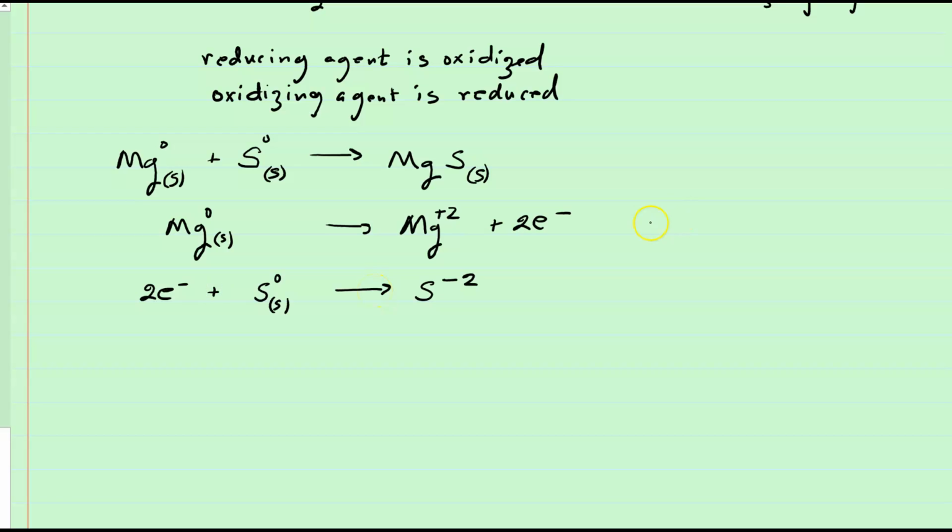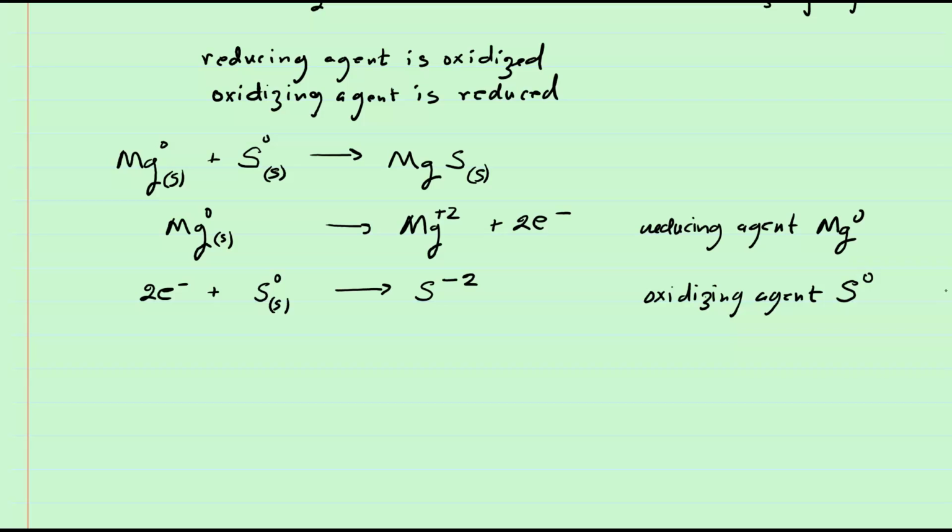So here we have the reducing agent, which is the magnesium. Here we have the oxidizing agent, which is in this case the sulfur. So the sulfur gained 2 electrons to become sulfide.